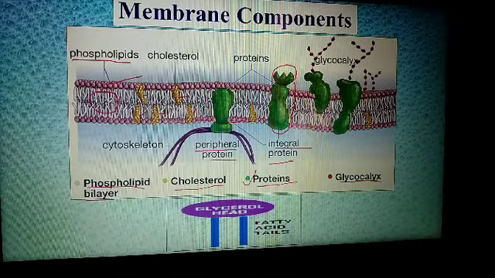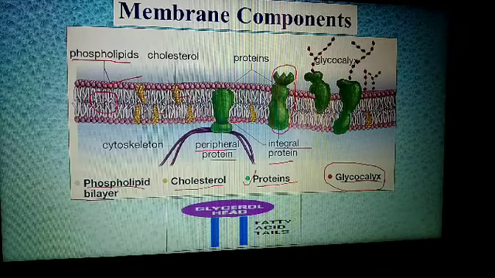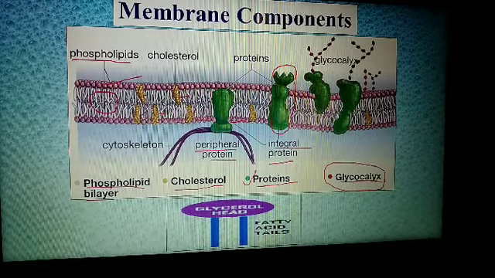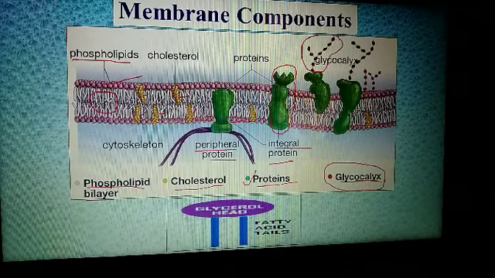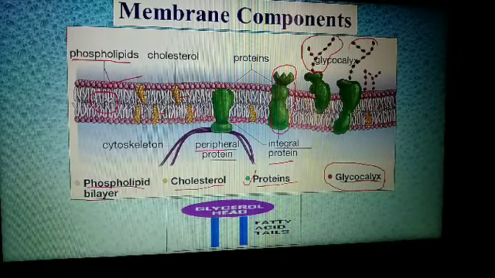And the fourth component of the cell membrane is known as glycocalyx. Glycocalyx is generally carbohydrate, which is also found in cell membranes, and they are of two types. Those carbohydrates which are attached to the proteins, here in the figure you can see, are known as glycoproteins.